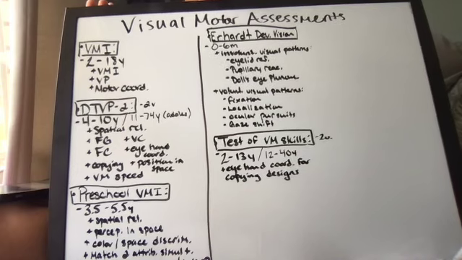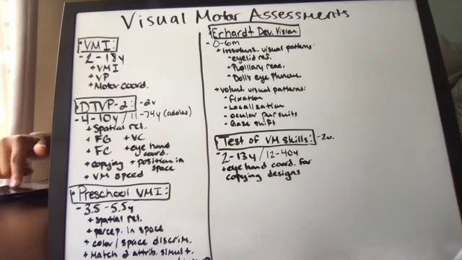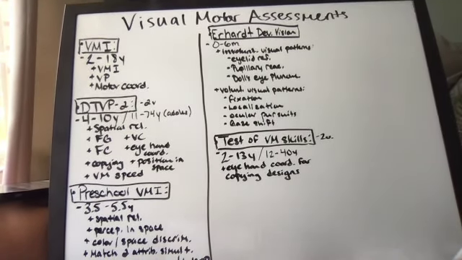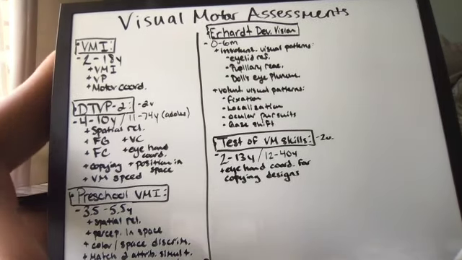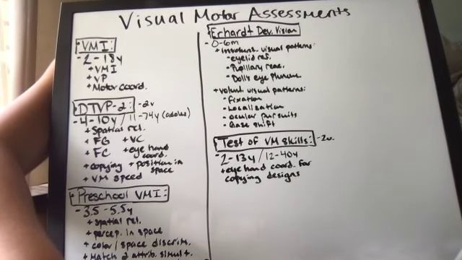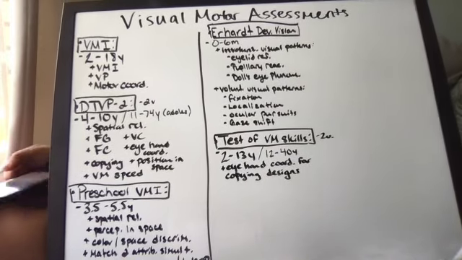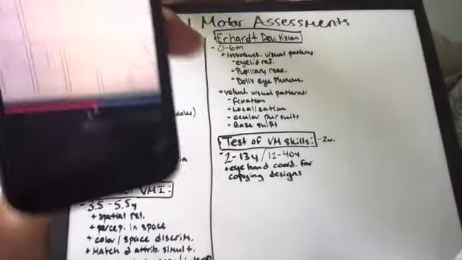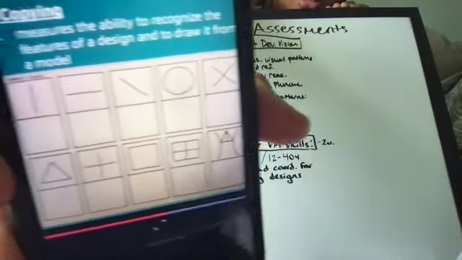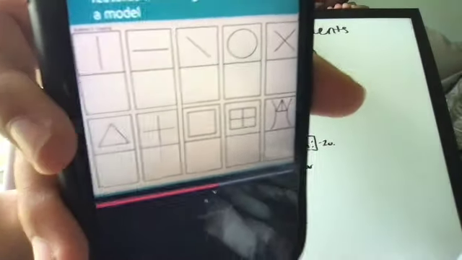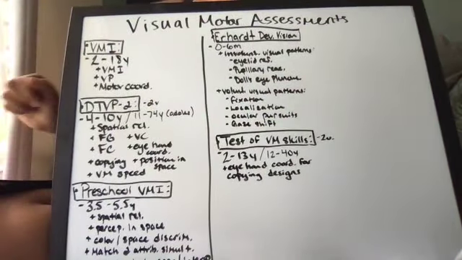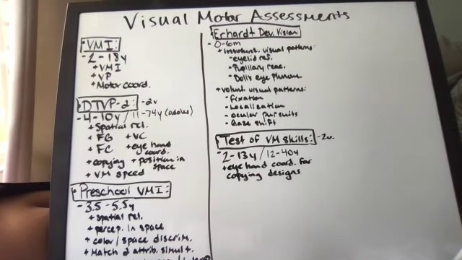And then we have copying. Copying, again, is the one like the VMI. It's going to measure the ability to recognize the features of a design and draw it from a model. So this one's going to look like this. They're going to see the shape and then draw it themselves at the bottom. Moving on to position in space.